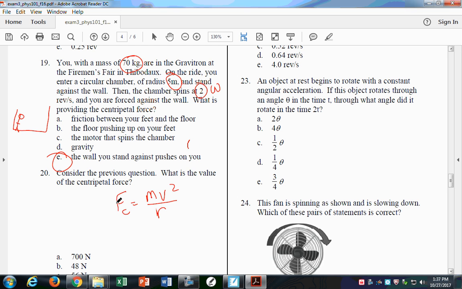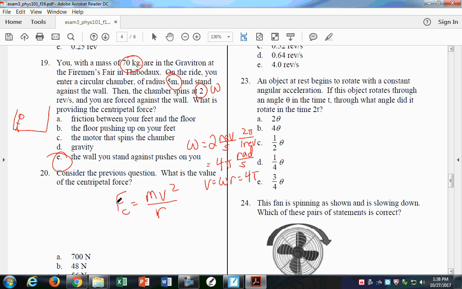So first, omega is 2 revolutions per second. Let's go ahead and convert that into radians. 1 revolution, 2 pi radians. So I'm going to say that's 4 pi radians per second. So that is my angular velocity. And then v is equal to omega times r.